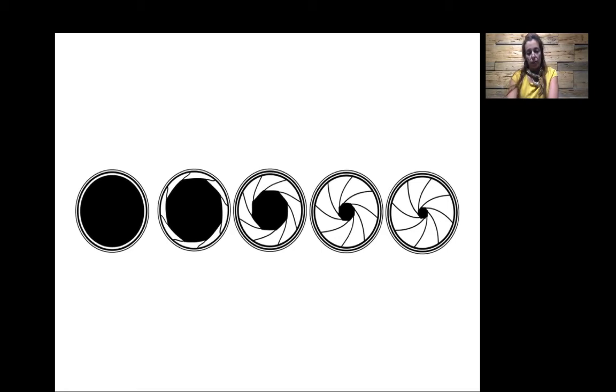Just like your eye, pretend the black part is your pupil. The wider your pupil is, the more dilated that black area is, the more light comes in. And opposite on the very last ones, the less light comes in.